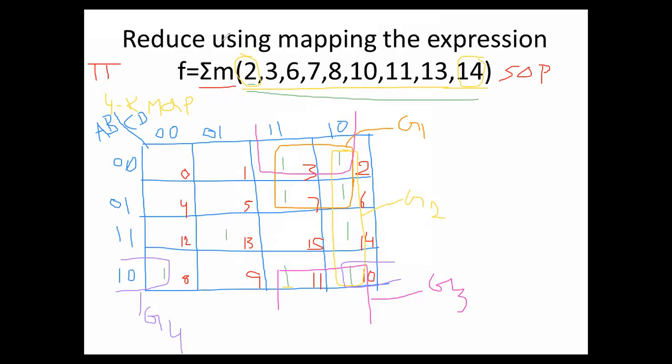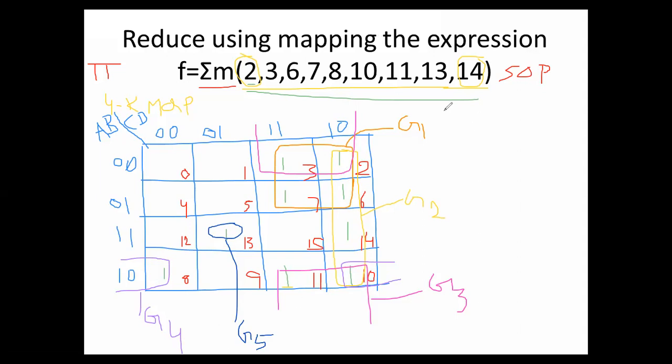No. So no grouping is here. That's why this will be taken as an individual, group 5. Based on these functions, we are putting 1 and trying to group adjacent ones. So totally 5 groups are there.